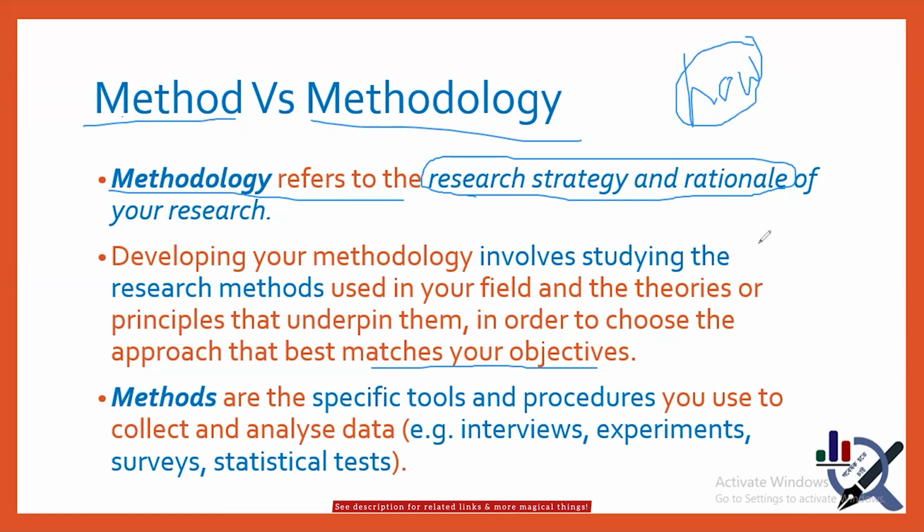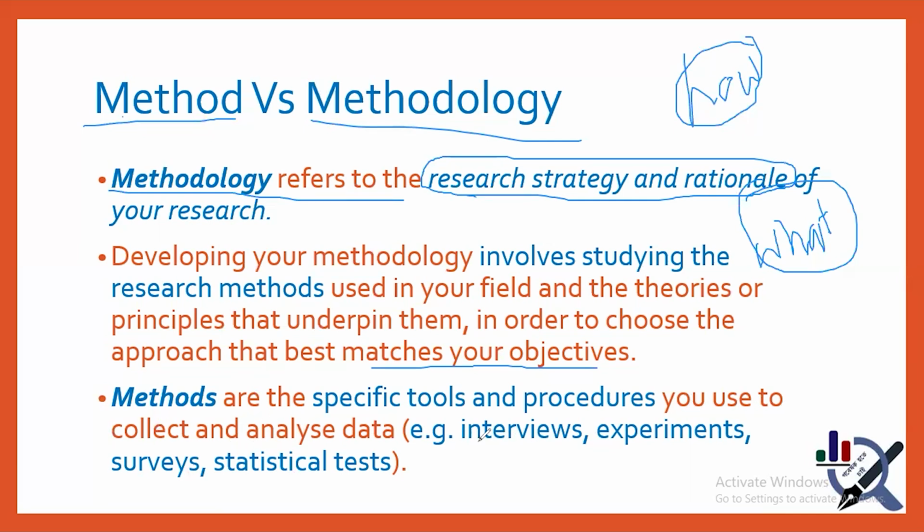But if we say by what means, by using what method, what tool, what technique, what algorithm, what model, which theory, roughly these are the methods. So methods are the specific tools and procedures you use to collect and analyze data.